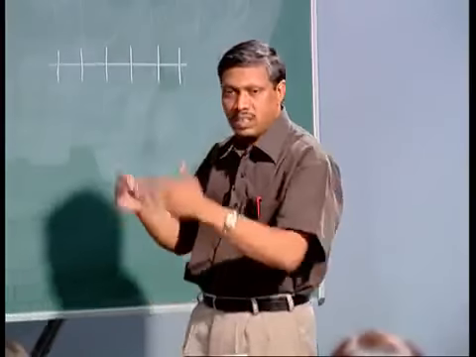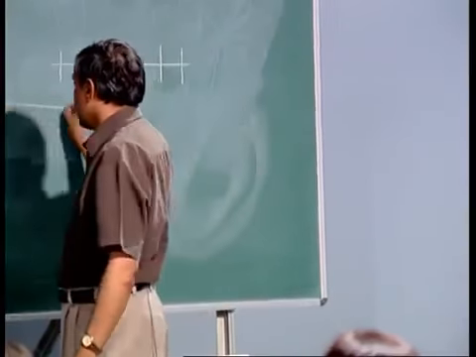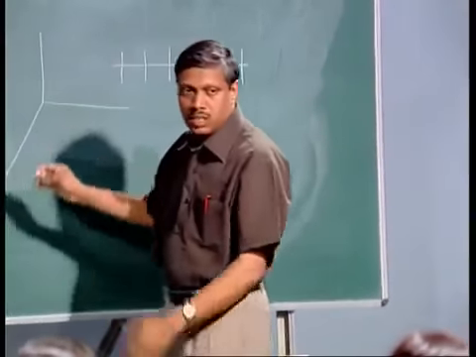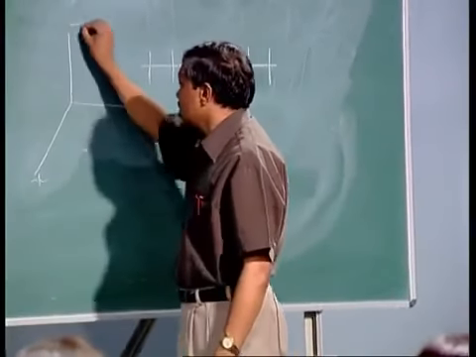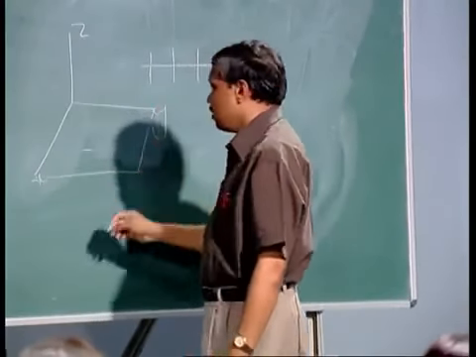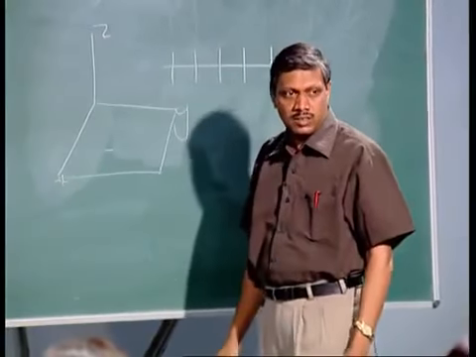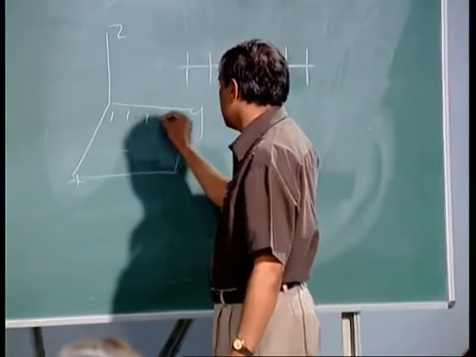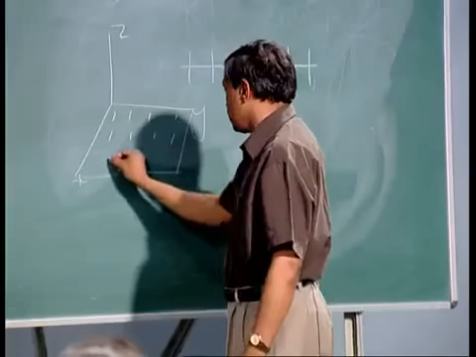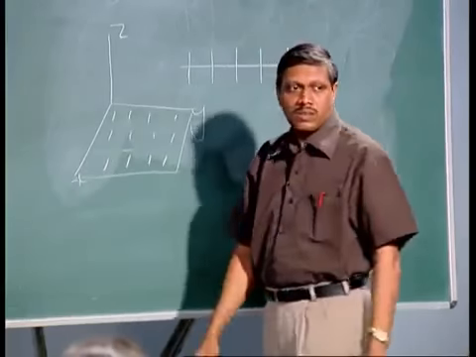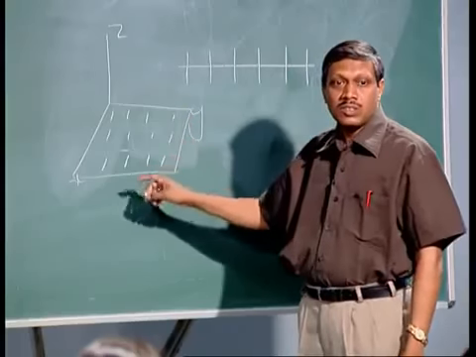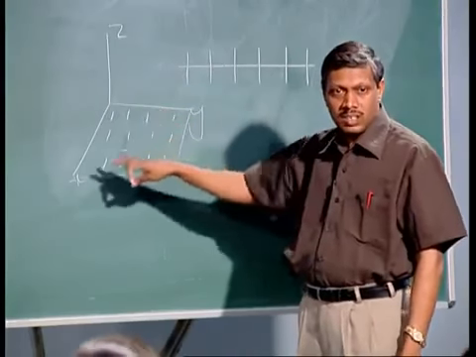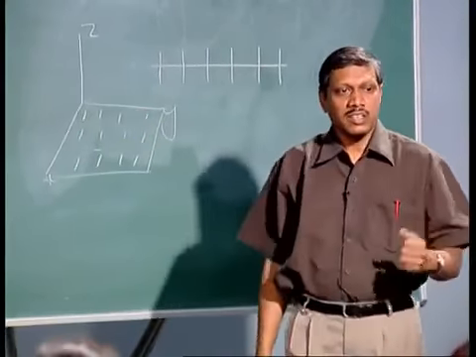Similarly, you can put the elements in a plane. Let us say this is x, this is y, this is z, then you have an xy plane. Now I will go on putting the antennas like this, then you have an antenna distribution not in a line, but in a plane, then it becomes a planar array.